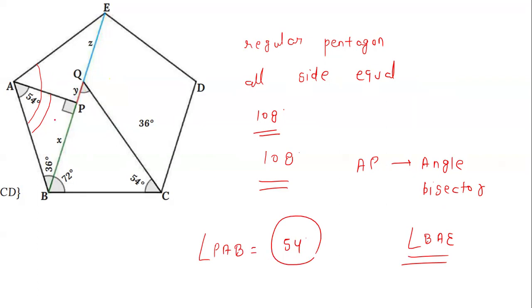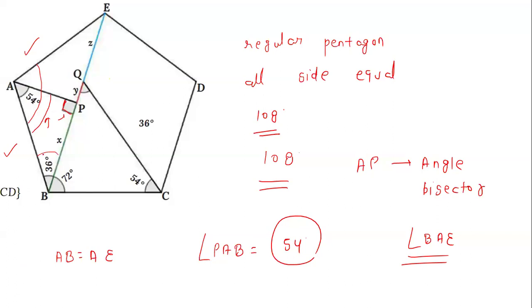And we know that AB is equal to AE because it is a regular pentagon, so both lengths are equal. Since AP is the angle bisector, this angle is 90 degrees. Now we know this angle and this angle, so we can find this angle.